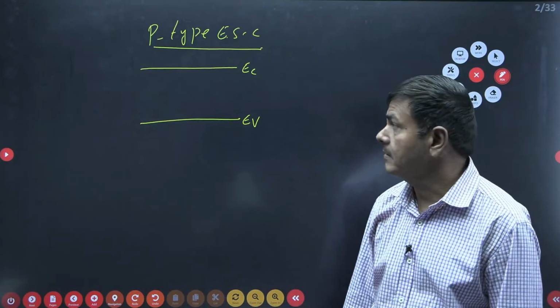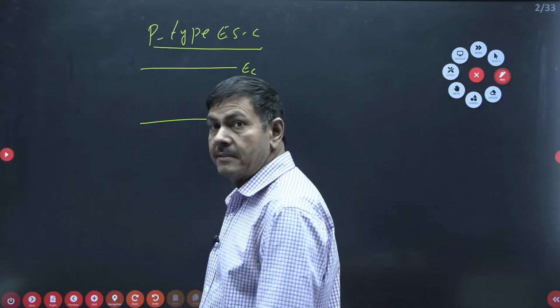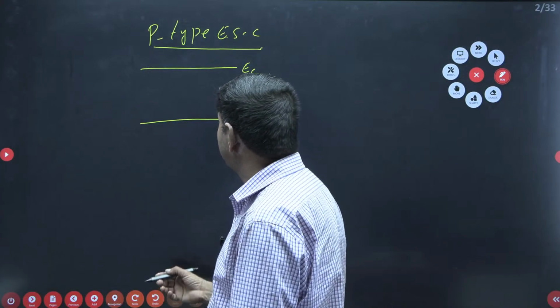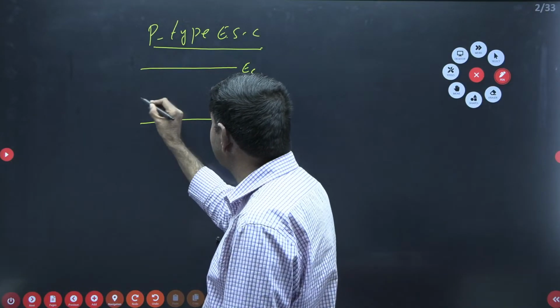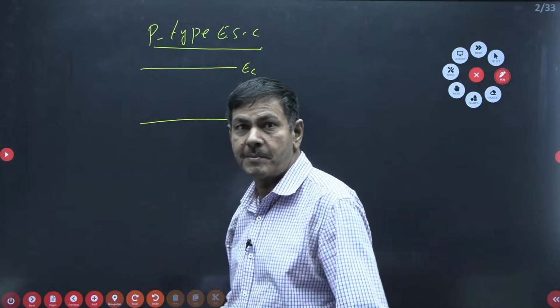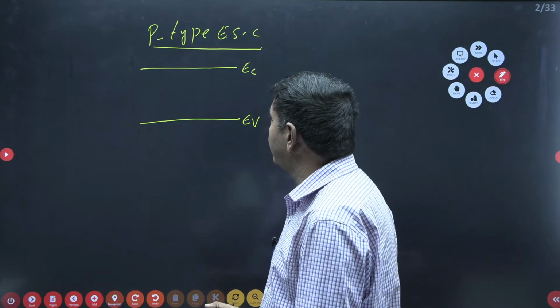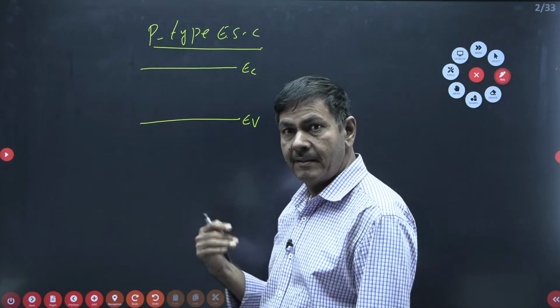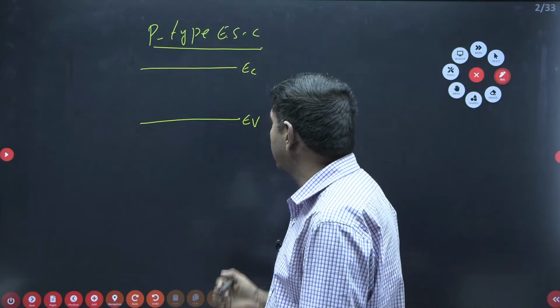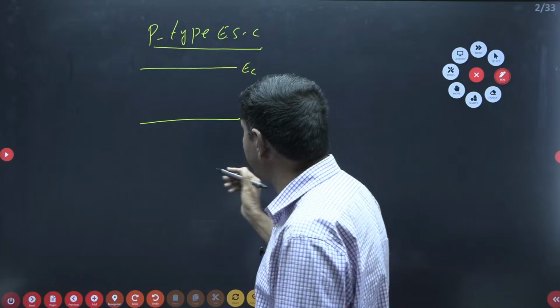EV we know very well. And EFI is the Fermi level in the intrinsic semiconductor, which lies exactly at the center, approximately, as you know. But in the p-type extrinsic semiconductor, where EFP means the Fermi level energy of the p-type extrinsic semiconductor, it lies very close to EV.